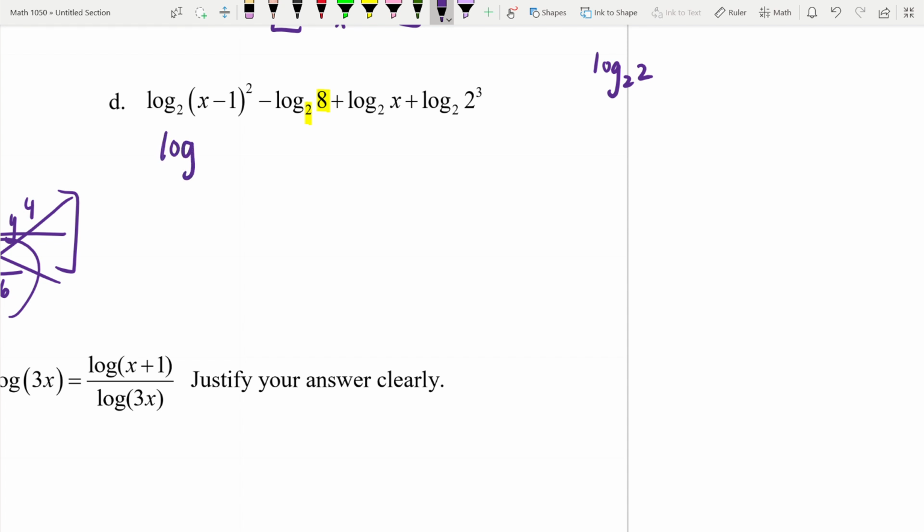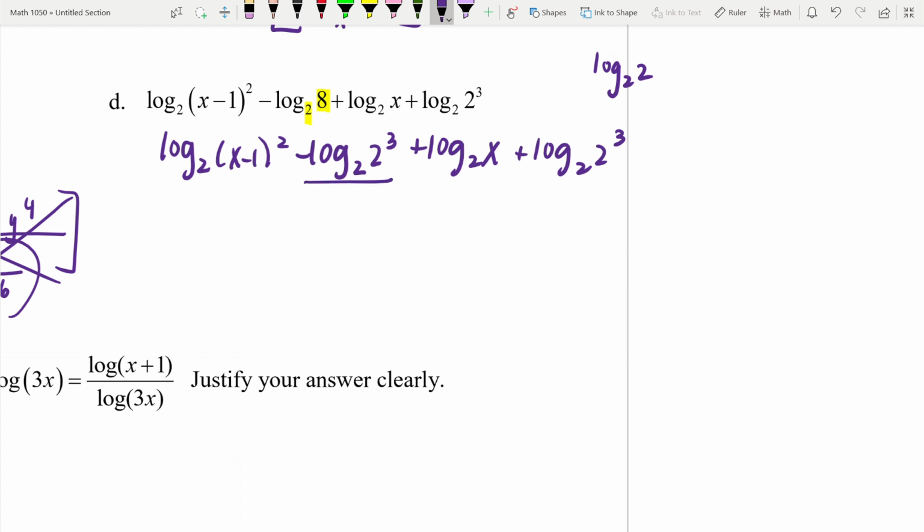So everybody go log base 2 of x minus 1 squared minus log base 2 of 2 to the 3rd plus log base 2 of x plus log base 2 of 2 to the 3rd. Well, now look what I've got. I've got negative log base 2 of 2 to the 3rd and positive log base 2 of 2 to the 3rd. Those go away.